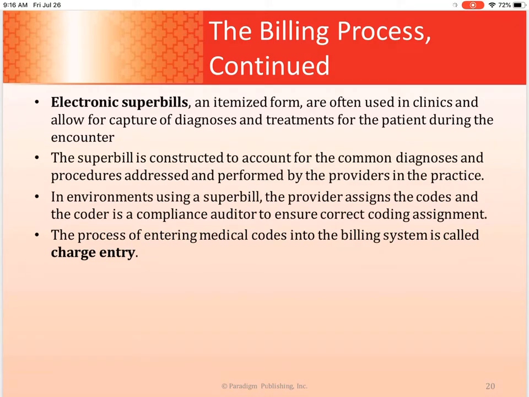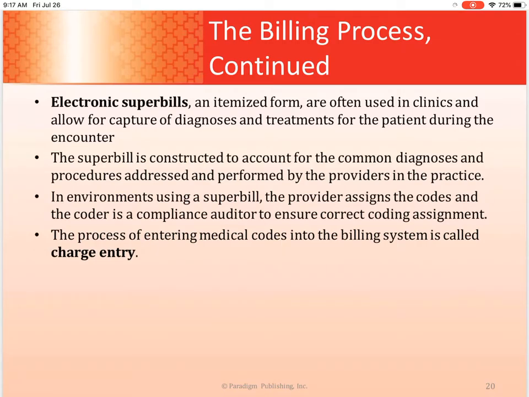This is the preferred method because potential communication problems between the EHR system and the billing software system are eliminated. The electronic superbill is an itemized form that allows charges to be captured from a patient visit. The provider selects the appropriate reason for the visit and treatment rendered.